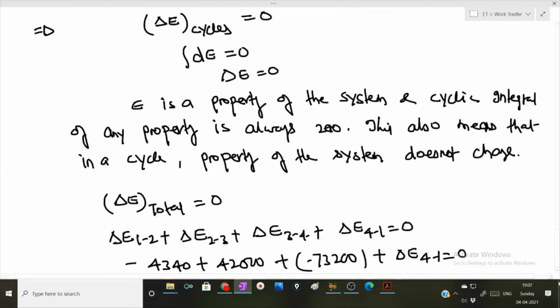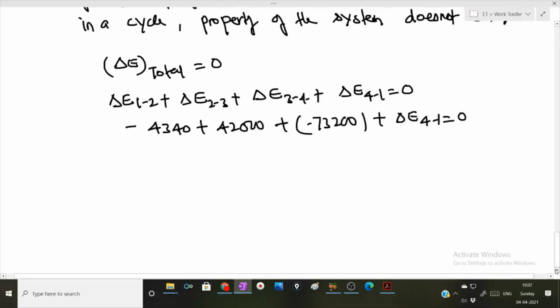So after calculating, I will be getting the value of delta E41 equal to 35540 kilojoule per minute.